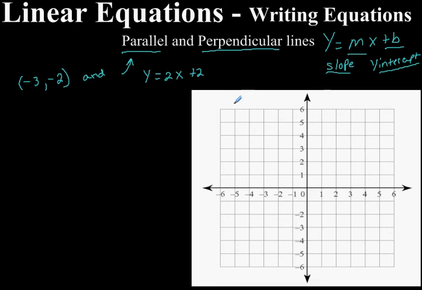Now here's our goal. Our goal is to find the slope of this made-up line and to find the y-intercept. With those two things, we're able to then recreate this line that we're thinking of, the line that passes through negative 3, negative 2, and is parallel to this equation.